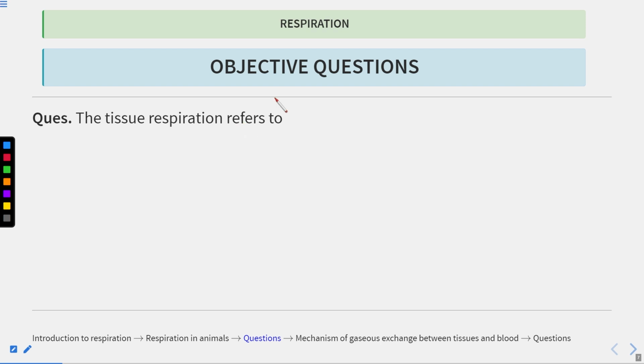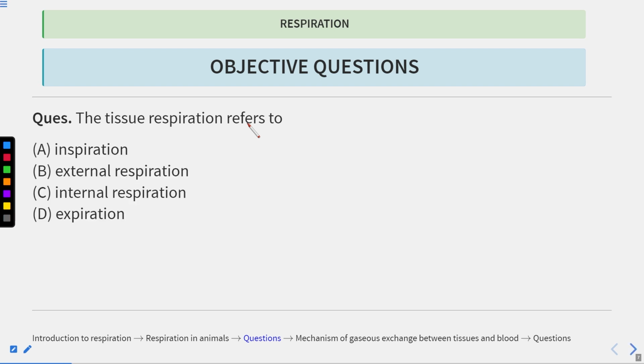Next question is, the tissue respiration refers to. Let's have a look at the options. Inspiration, external respiration, internal respiration, and the fourth option is expiration. So what is inspiration? Inspiration is the intake of oxygen rich air.